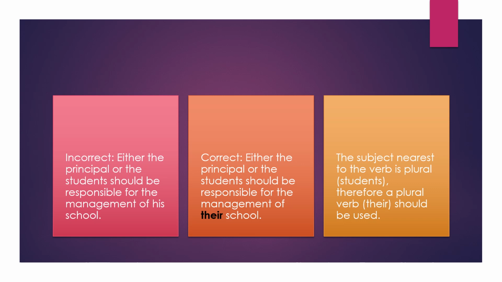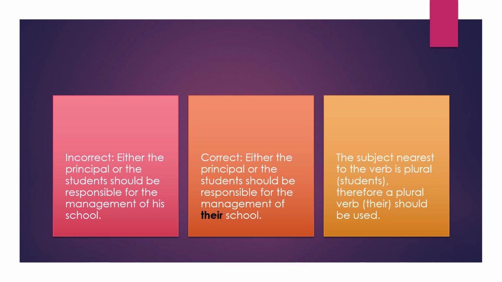Either the principal or the students should be responsible for the management of his school. Now, whenever you have in the sentence the pair either or, you will have to notice the subjects that are placed after them. With either, we've used principal, a singular, and with or, we've used students, which is plural. And whenever we are placing any verb, we need to notice the subject that is placed nearest to it.